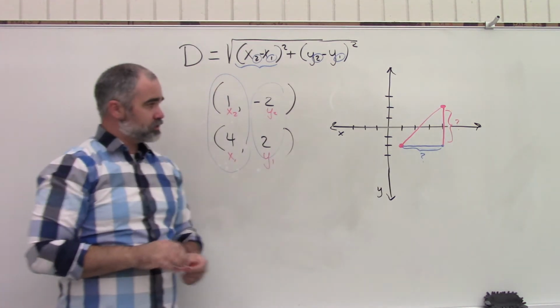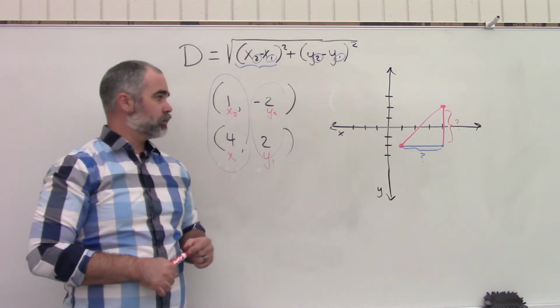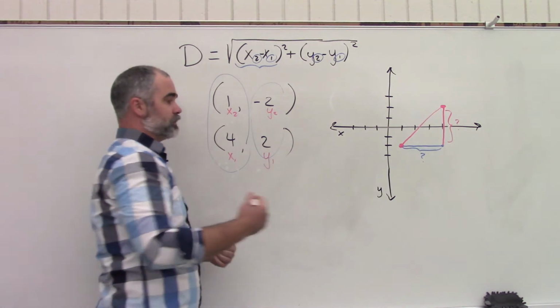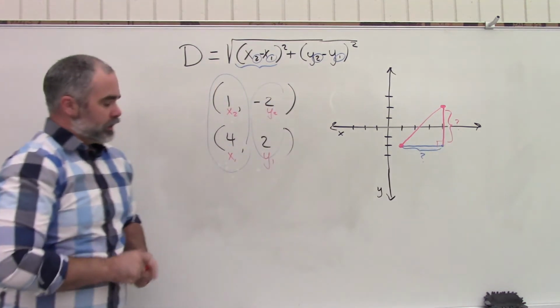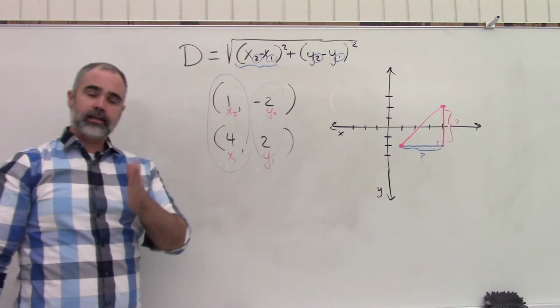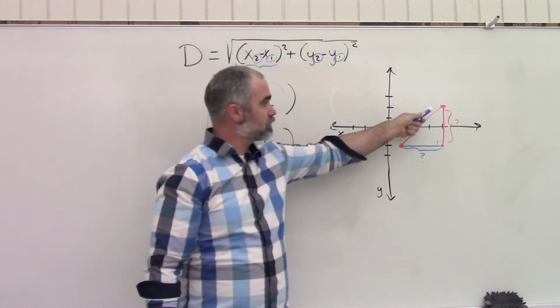Some of you may be noticing here that we've actually got a triangle that we built, a right triangle to be specific, since we're looking at the x and y coordinates. And suddenly what you notice is, wait a minute, I actually know how to find this part of the triangle.